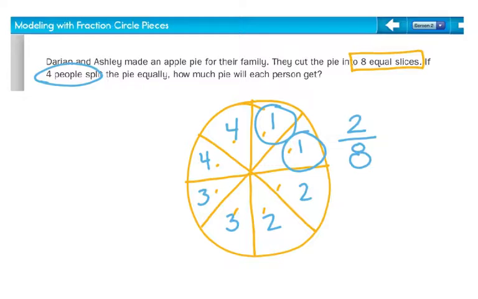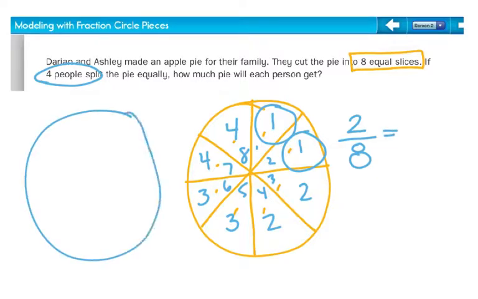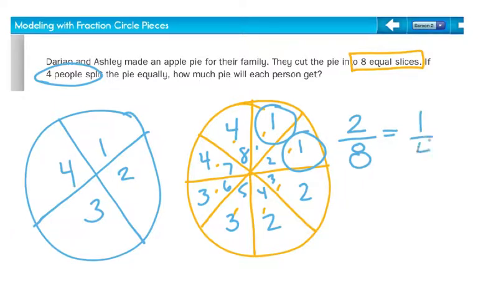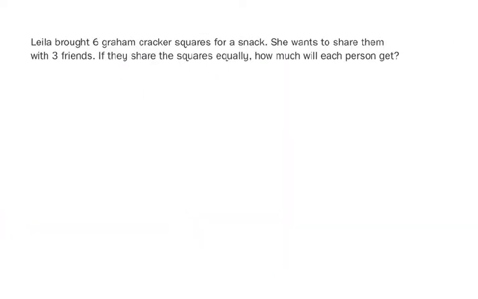Not 2 out of 4, because if I count, there's 1, 2, 3, 4, 5, 6, 7, 8 slices. What's another way to say that? What would be an equivalent fraction? Here's my 4 people. Another way to say it would be 1/4. They are equivalent fractions.